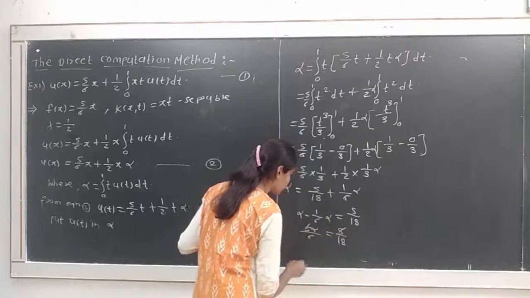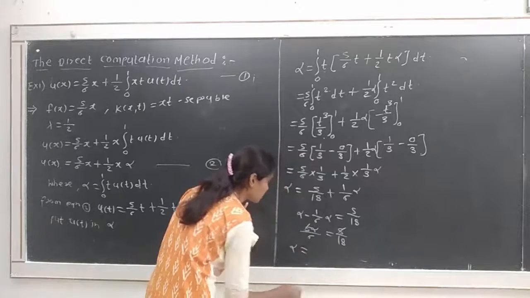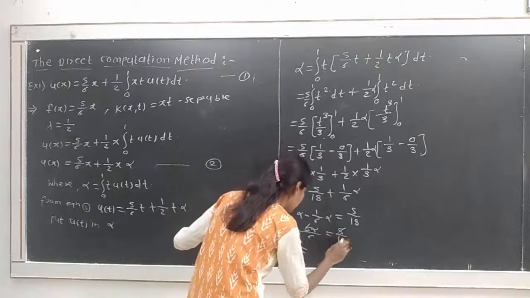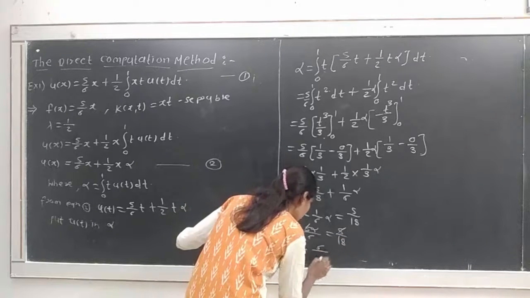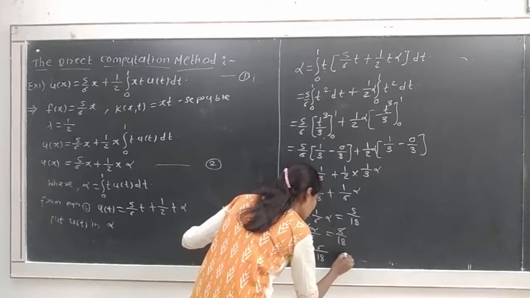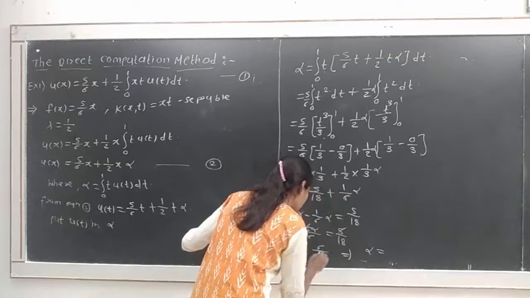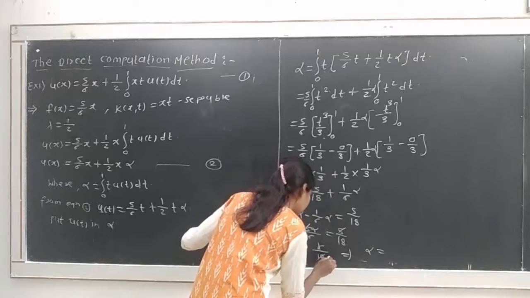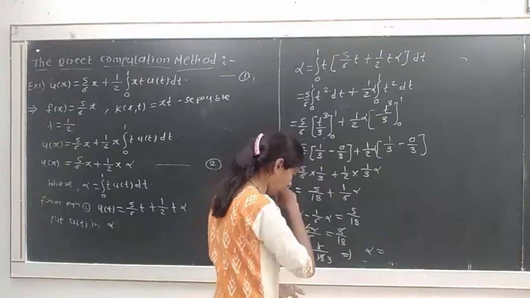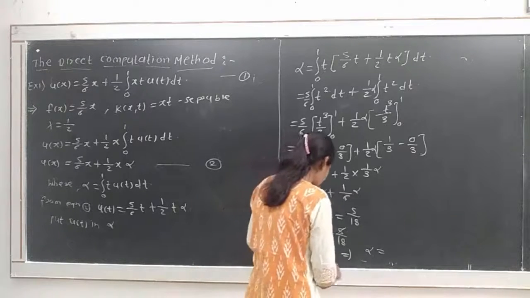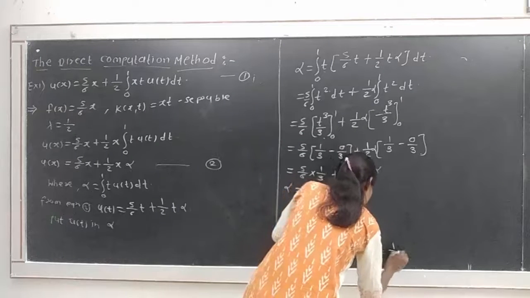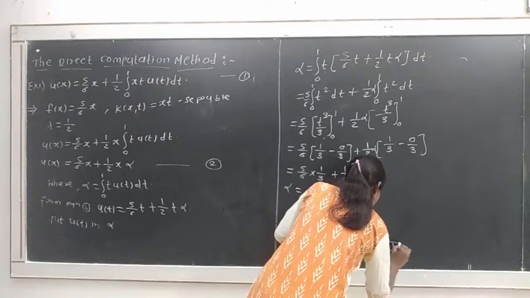So this 5 will cancel, and we get alpha is equal to, this 6 on this side becomes a multiplier, that is in numerator 6 divided by 18. And so from that we get alpha is equal to, 6 3s are 18. So we get here alpha is equal to 1 divided by 3.